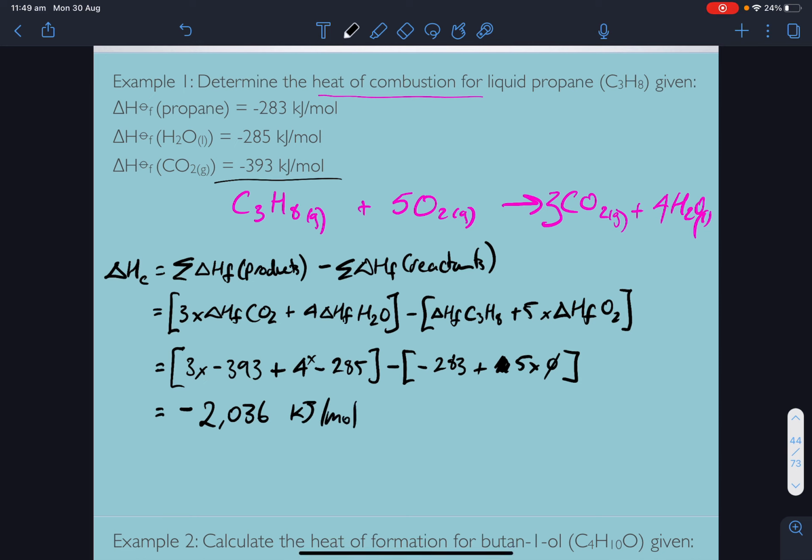So the enthalpy for the combustion reaction for propane, or the heat of combustion for propane, is 2036 kilojoules per mole heat given out or liberated sometimes.